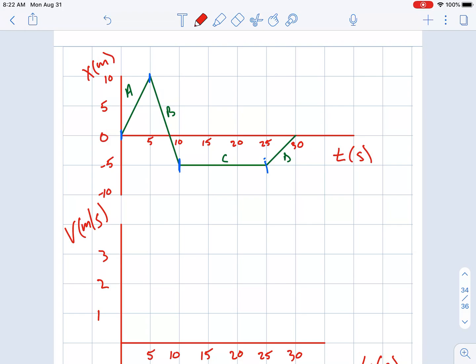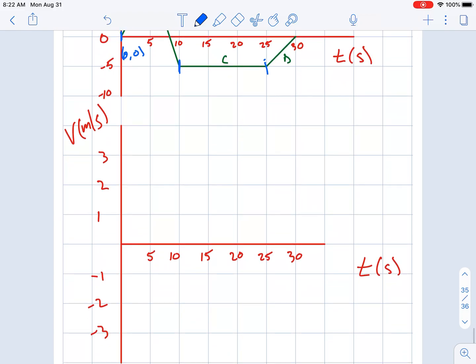So I'm going to use the 2 points, (0, 0) and (5, 10), and I'm going to calculate my slope. I'm going to get 10 minus 0 over 5 minus 0, and that tells me that my velocity for segment A would be 2 meters per second.